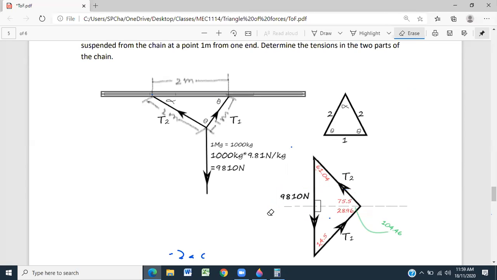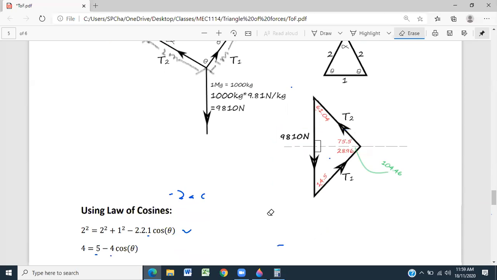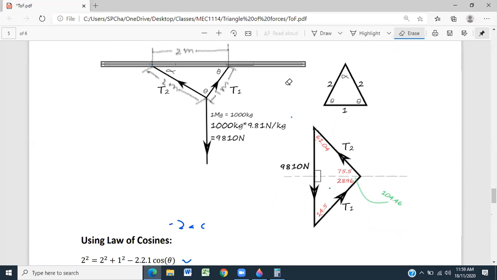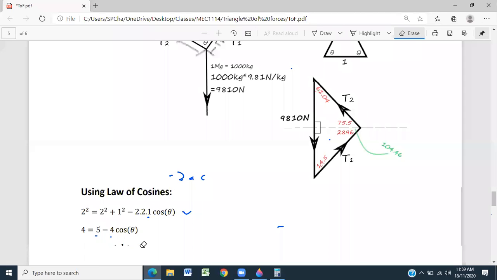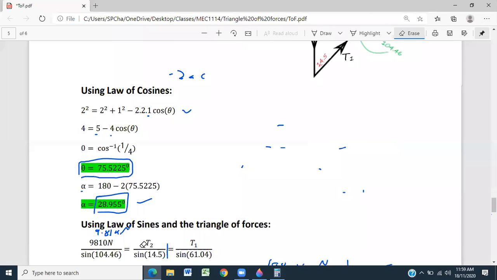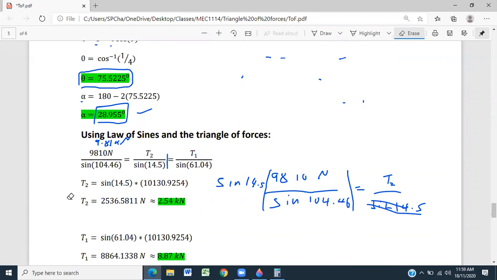Okay, pretty simple. Any questions? So first you find the angles using the triangle. So you use cosine rule. And then once you find the angles, you create a triangle, or you use them to deduce the other angles. And then you use law of sines or Lamy's theorem, and you find the missing forces. Yep. Any questions?